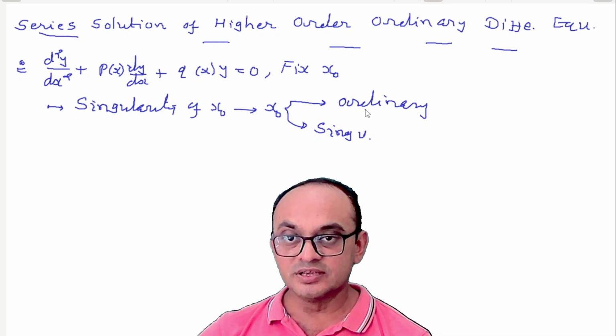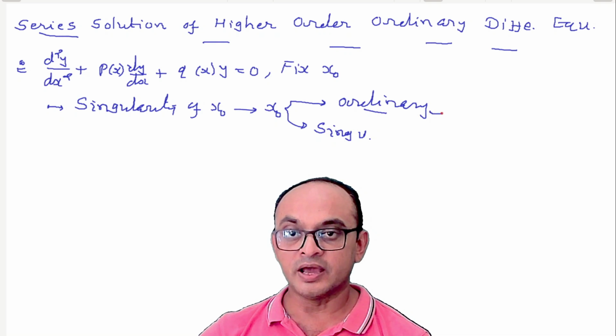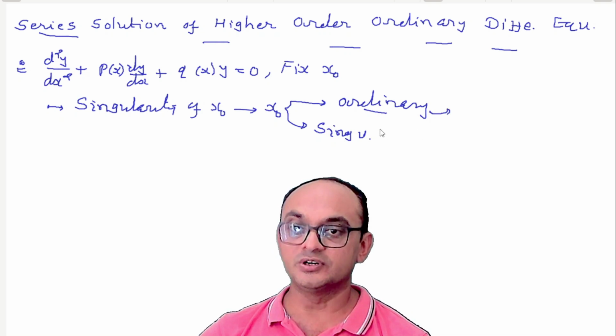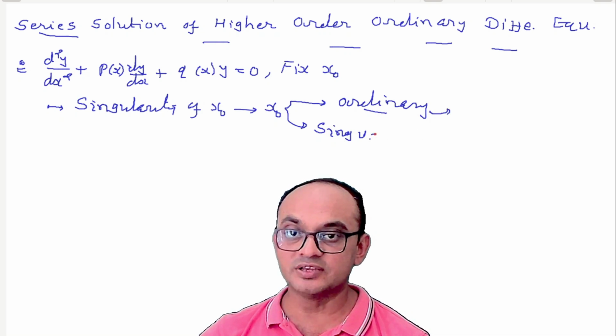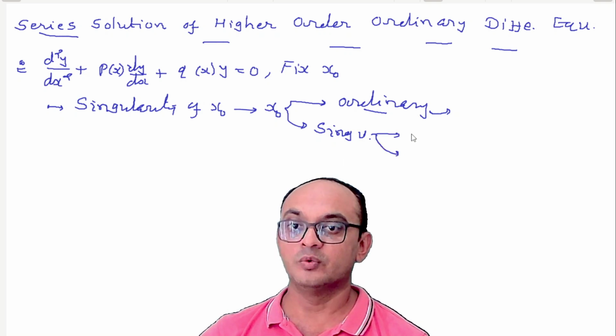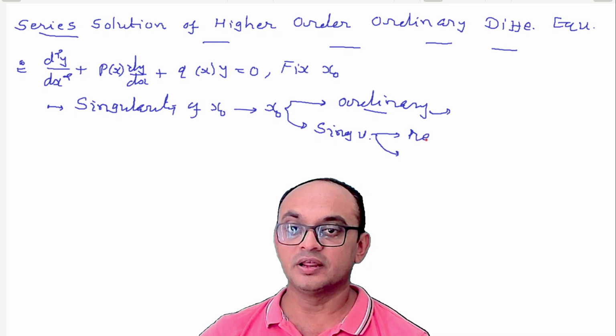Suppose x0 is an ordinary point, then what is the solution? Suppose x0 is a singular point, then again we have two different cases: whether x0 is a regular singular point or x0 is an irregular singular point.